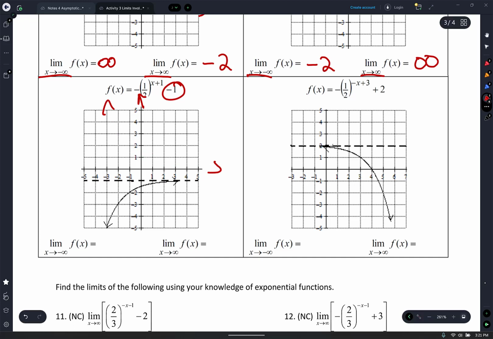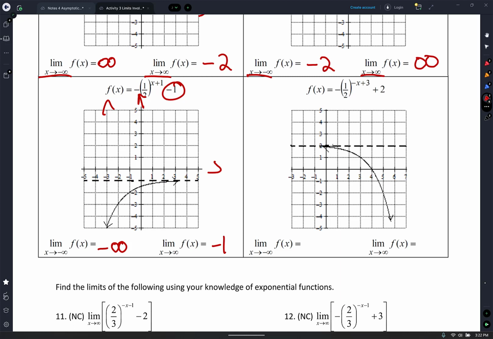So now it looks like this, you see? So now let's see. As x approaches negative infinity, what is this? You could also say it does not exist, but negative infinity. And as x approaches infinity, what is it? Negative 1. Do we see how we're doing it, guys?